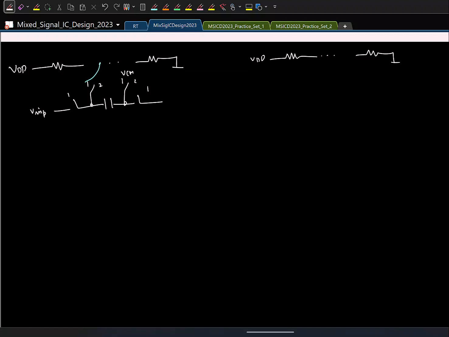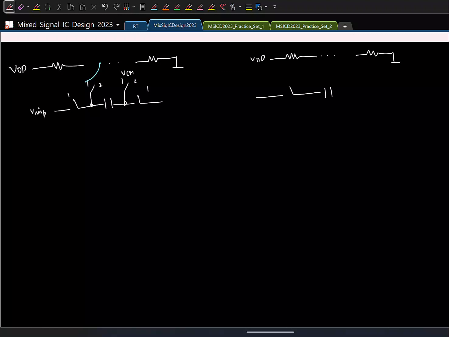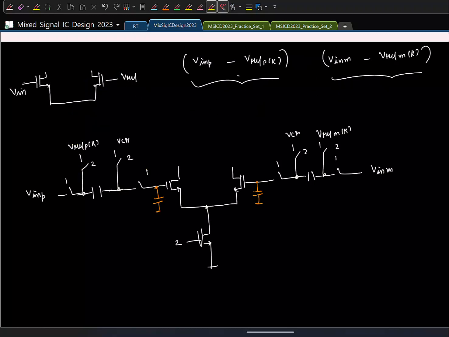This is VCM. You have a similar structure here; I will not draw it completely. Why are we doing this? To store the reference voltage, right? We want to subtract the reference. Is that clear?